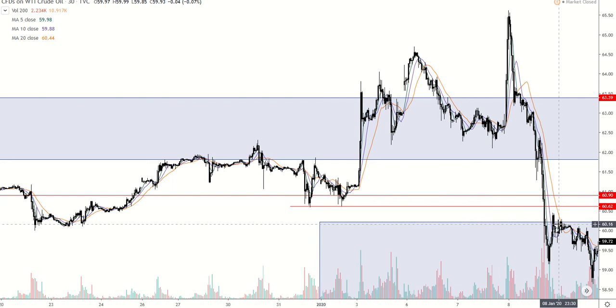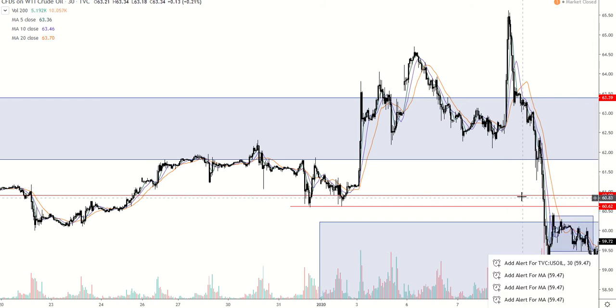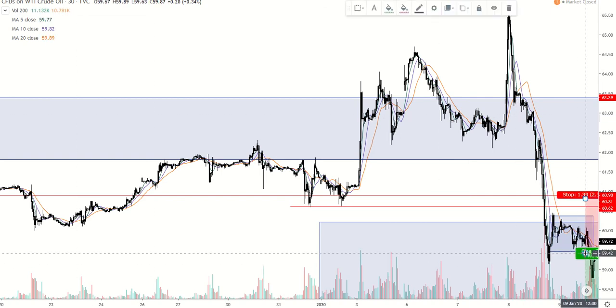Right, so we've come into this area and then we've consolidated a little bit here. So I'm going to mark that on there. So you can see as we've broken out of this area here, there is a potential to short the market.